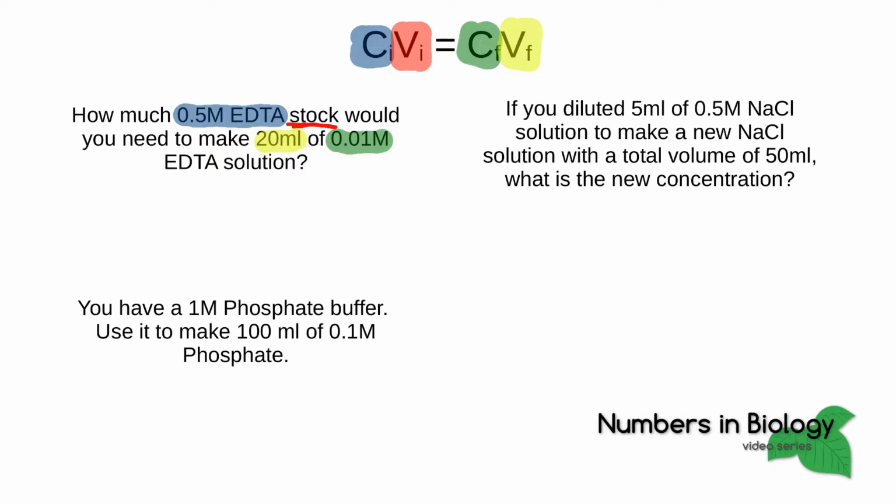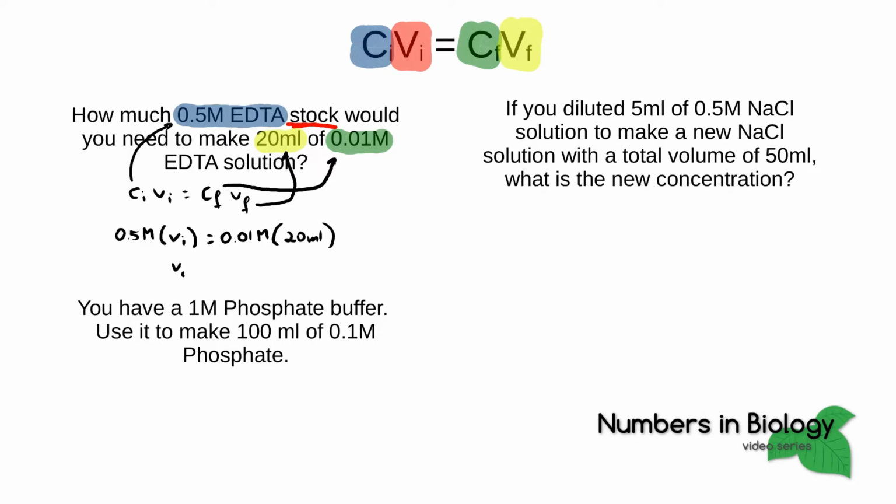So if we now try to plug the numbers in, then we're going to start with CI VI is equal to CF VF. Then our initial concentration is 0.5 molar. Our VI is what we're trying to solve for because we don't have that information given to us. And the remaining numbers are coming in from here. So the final concentration is 0.01 molar. And the final volume is 20 milliliters.